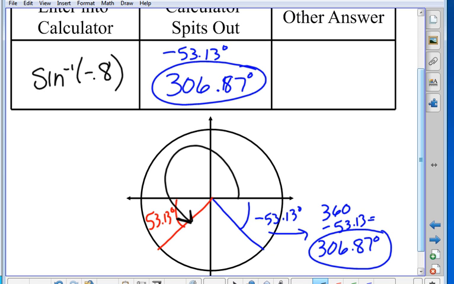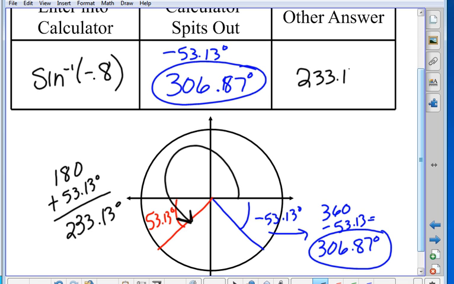And if I measure that from 0, then I will need to go 180 plus 53.13, because that 53.13 is past 180, and I will get 233.13. And that would be my other answer. Okay, and that should do it for this lesson.